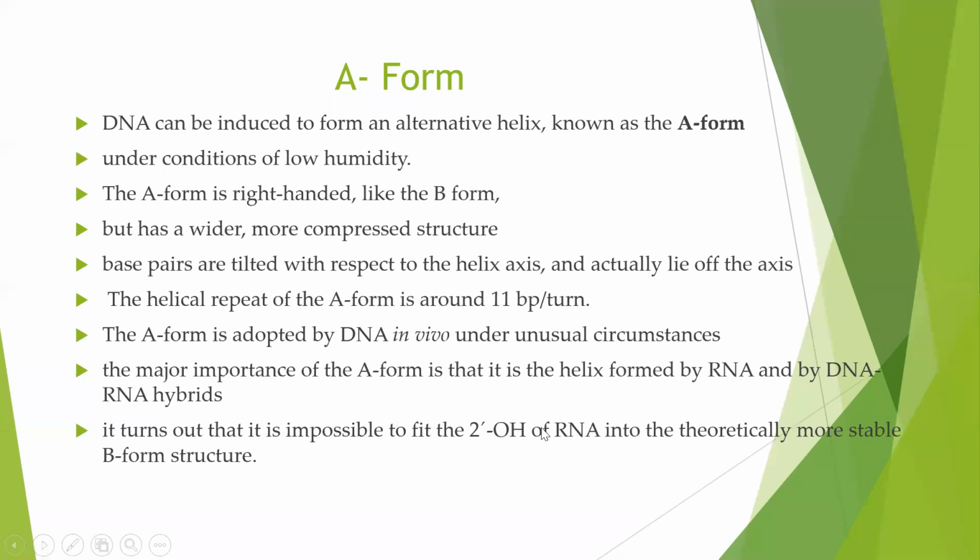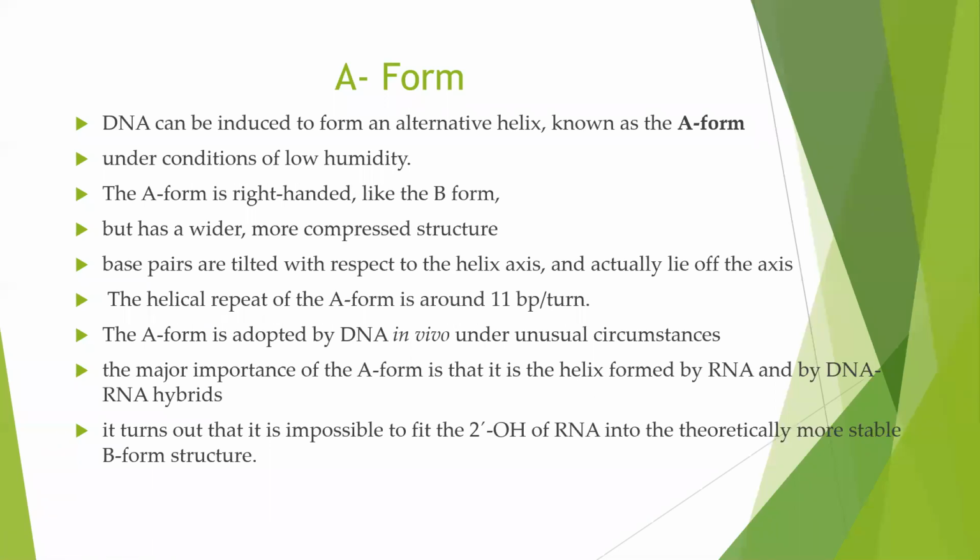But here in case of RNA, at the second position, you have the hydroxyl group. Because of the presence of this hydroxyl group, we cannot accommodate this RNA structure into the most stable B form of the double helix structure. Rather, it takes up the conformation of A form in order to exist in a stable structure. I hope you are able to follow what I am saying.